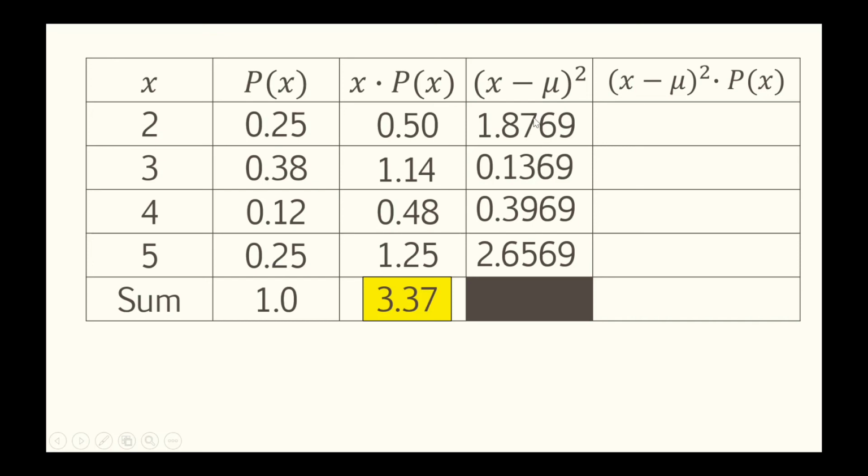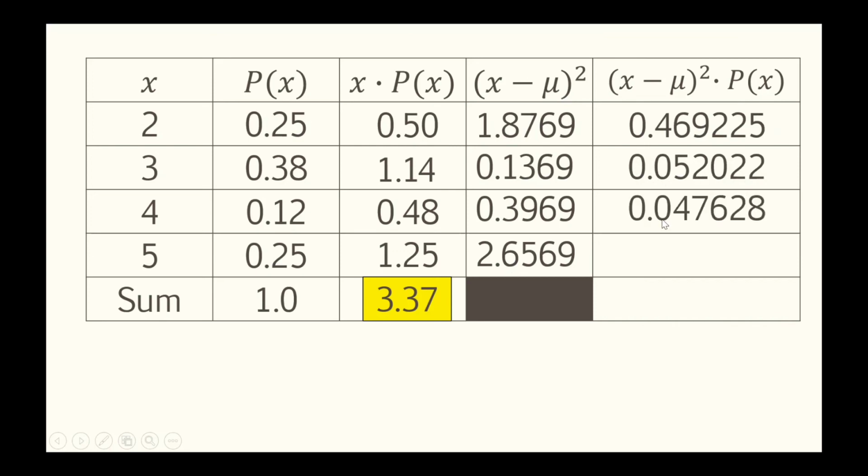We don't need to get the summation of this. All we have to do is to multiply each value in this column to its probability. That is 1.8769 times 0.25. That is 0.469225. 0.1369 times 0.38, that is 0.052022.